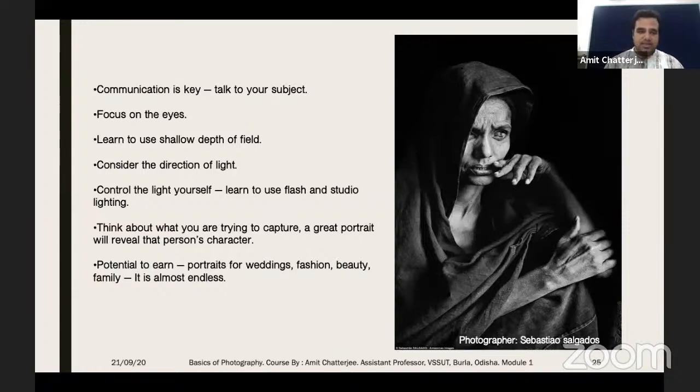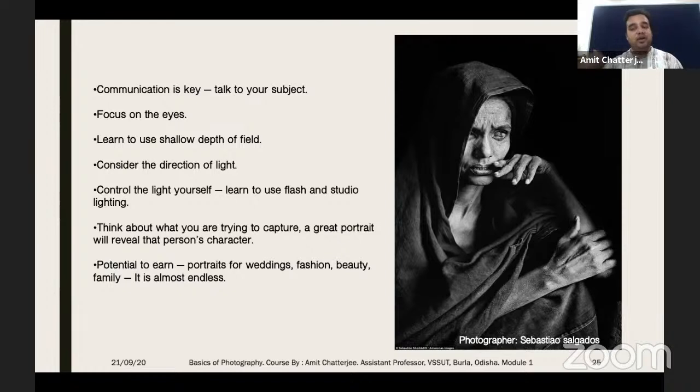So always consider the direction of the light when you're taking a photograph. When you're taking a portrait, you need to understand which way the light is coming, because if the light is coming right in front of you, it will give a different kind of portrait. If the light is behind you, it will give a different kind of portrait where you'll see just the silhouette of a person.